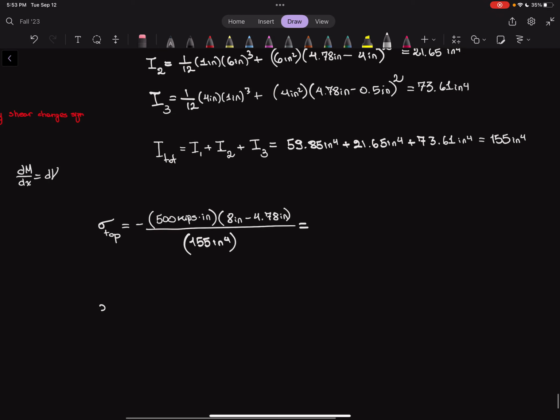And we're going to do the same for the bottom. Now notice how at the top we said it was in compression. In fact, we have a positive y term, so the negative is going to stay. At the bottom, we're just going exactly negative 4.78 inches down. So the 4.78 is basically acting as a shift, if you know what I mean from shifting functions.